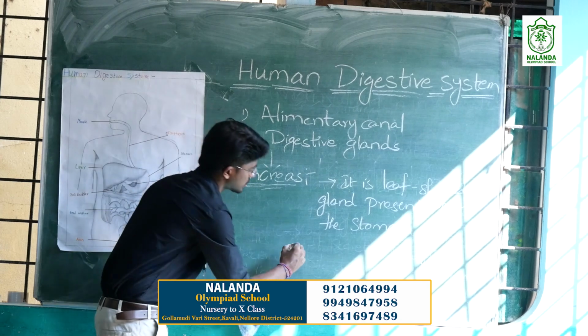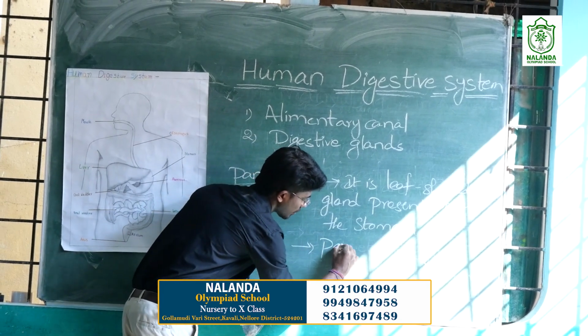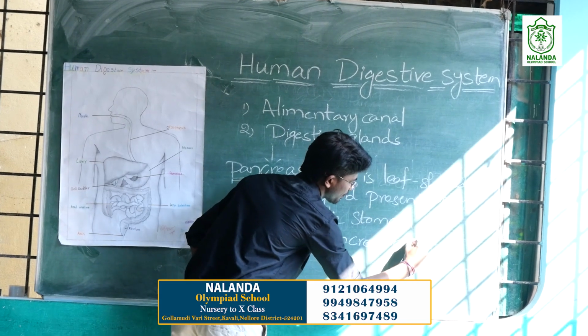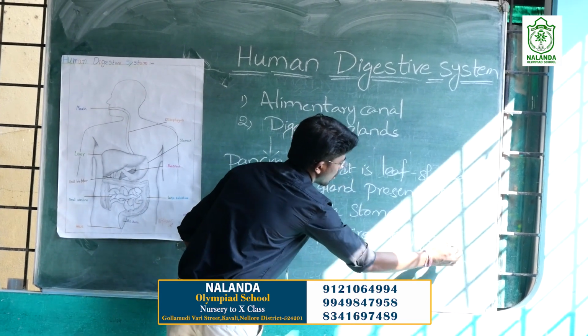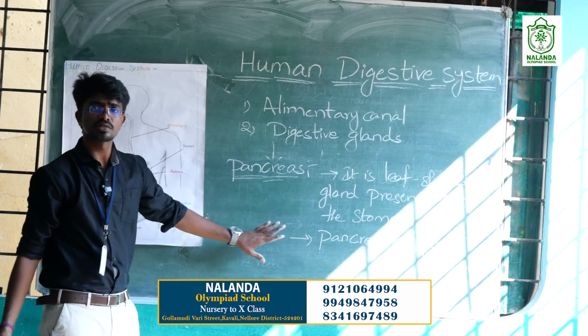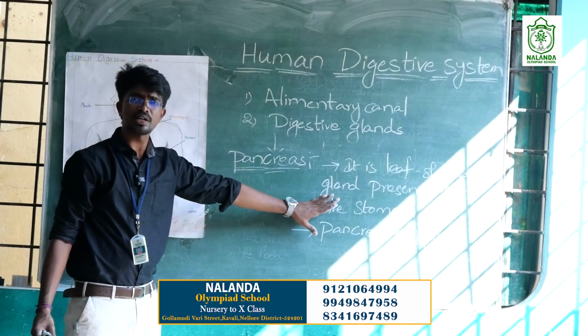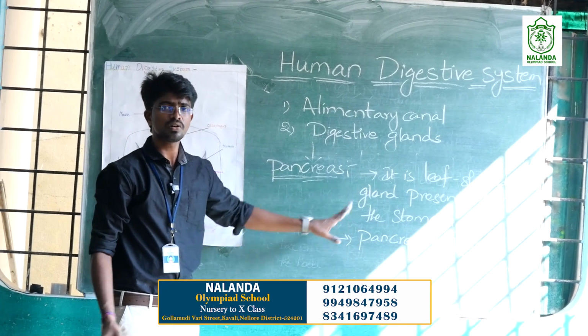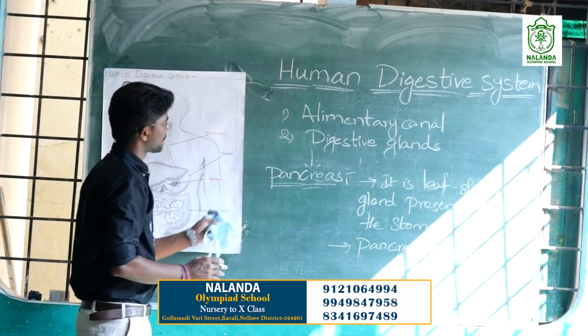And it secretes pancreatic juice. This pancreatic juice converts the carbohydrates into sugars, the proteins into amino acids and the fats into fatty acids.